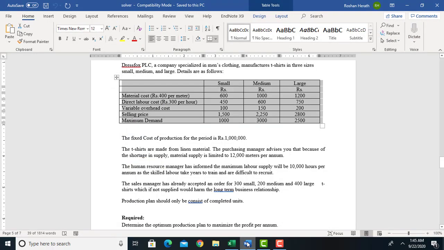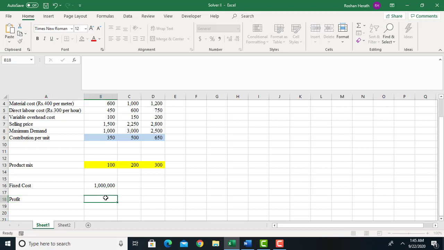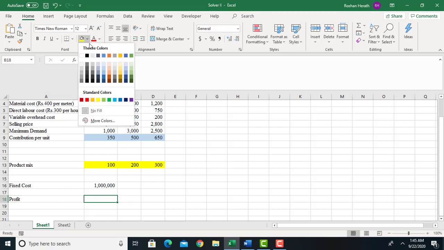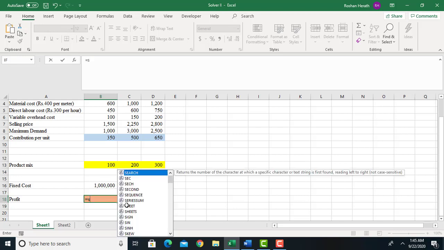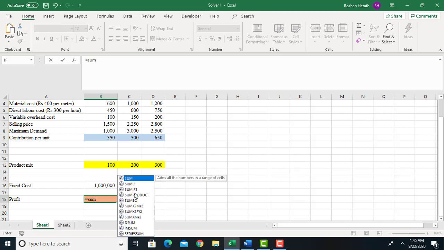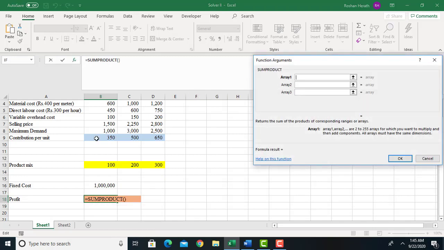In order to maximize the profit, what must be the optimum product mix? So therefore your output is going to be the profit. Profit is what you need to maximize. So how do you get that profit? You can simply apply the sum product and get the total contribution. How do you get that? The contribution per unit is there and you multiply it by the product mix.